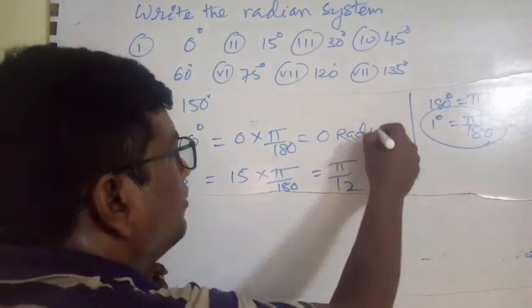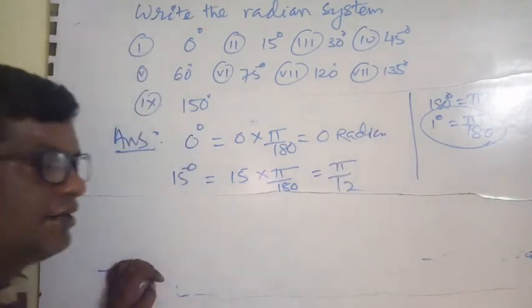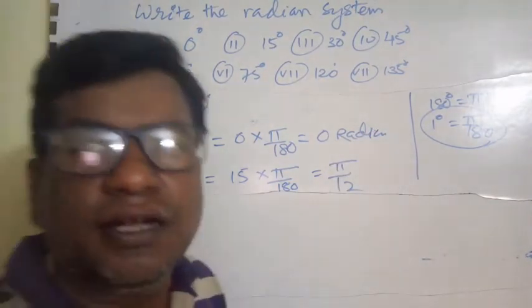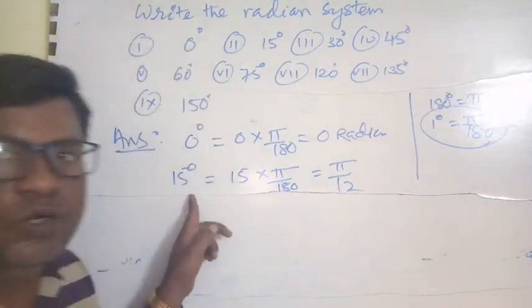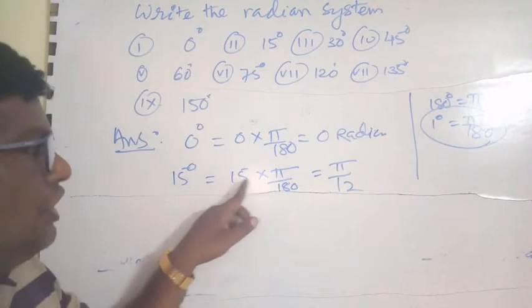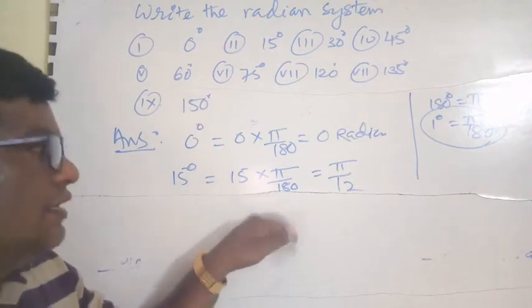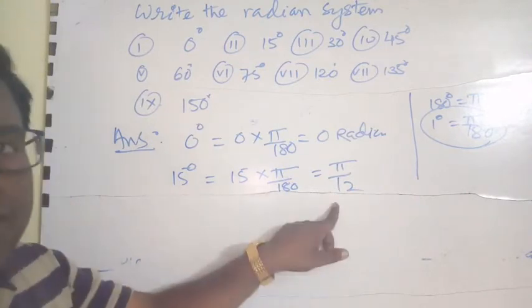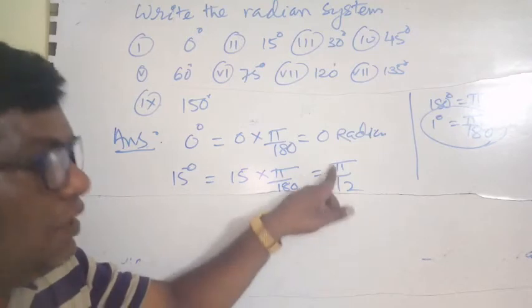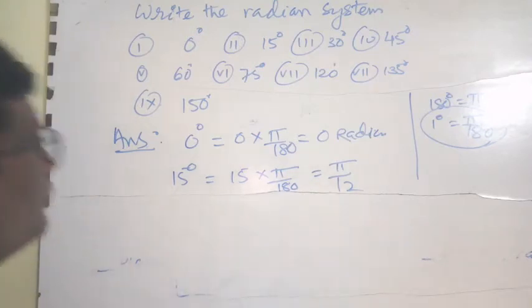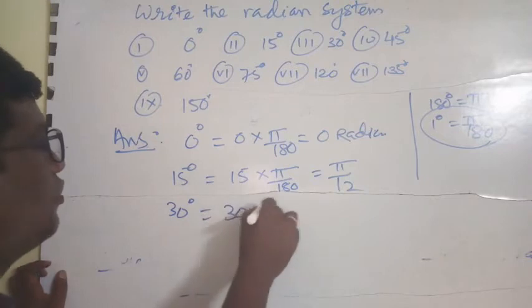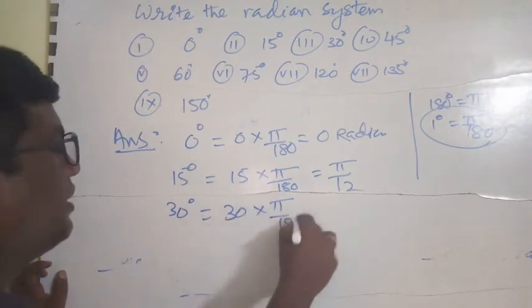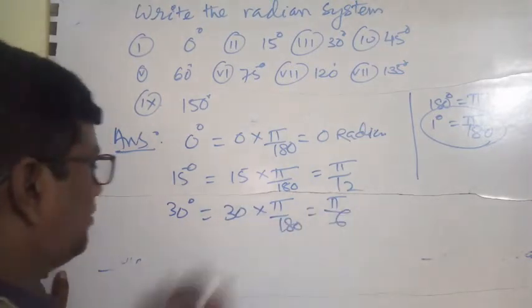Radian can be written as a simple number, here 1 means 1 radian, 2 means 2 radian. So 15 degree is 15 into pi by 180, that implies pi by 12, meaning pi by 12 radian. 30 degree is equal to 30 into pi by 180, that is pi by 6 radian.